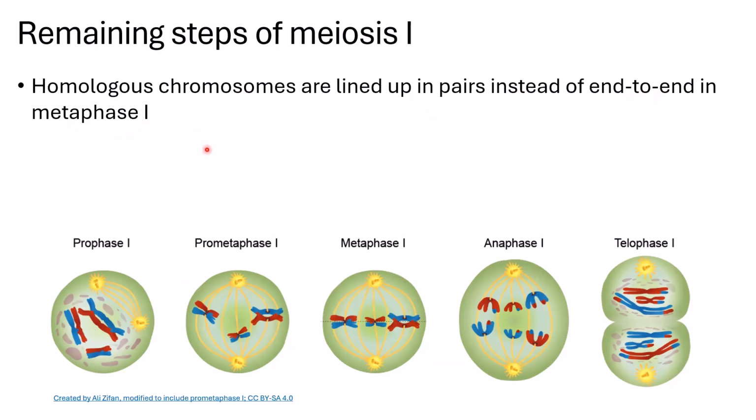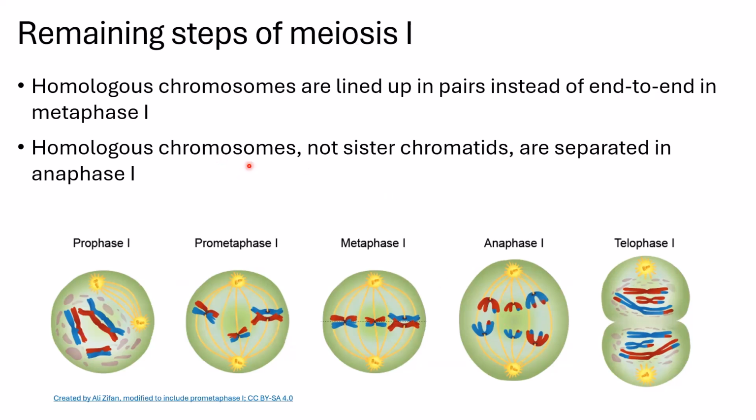Then at anaphase 1, the homologous chromosomes are the ones that are separated from one another, not the sister chromatids. This results in two haploid cells that have just one copy of each chromosome. The two sister chromatids that make up each chromosome are no longer identical due to crossing over. Telophase 1, like telophase in mitosis, involves the nuclear envelope reforming and the mitotic spindle breaking down.